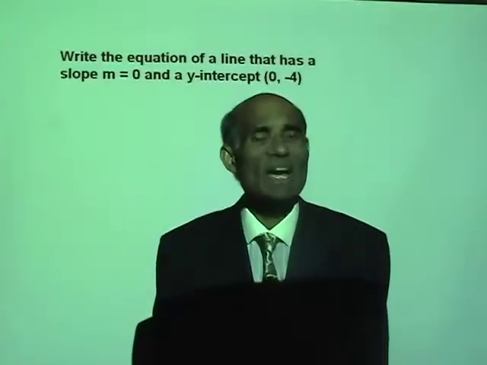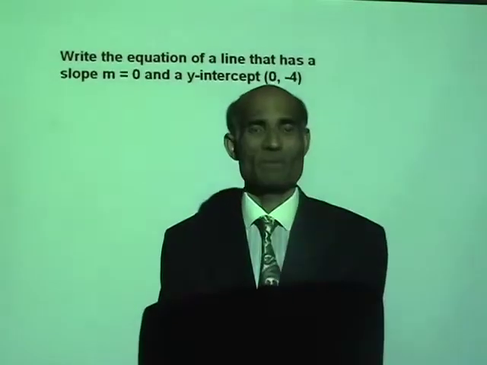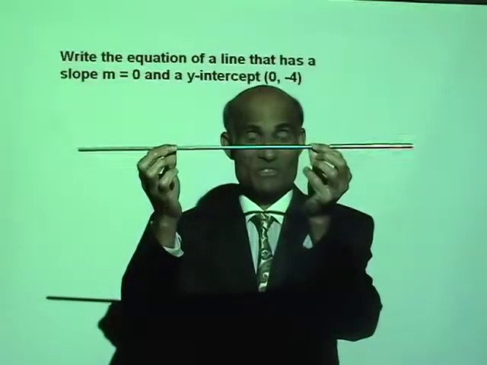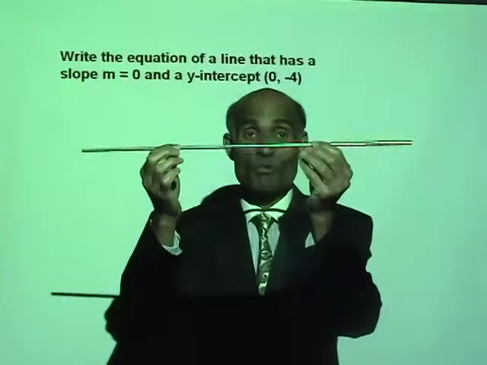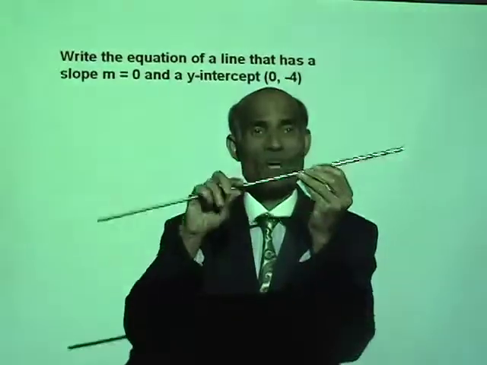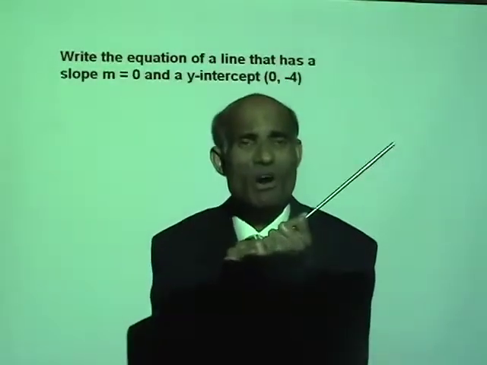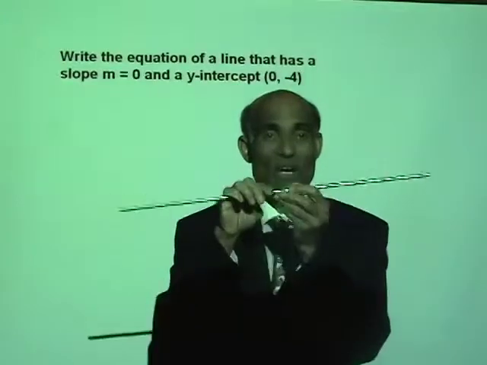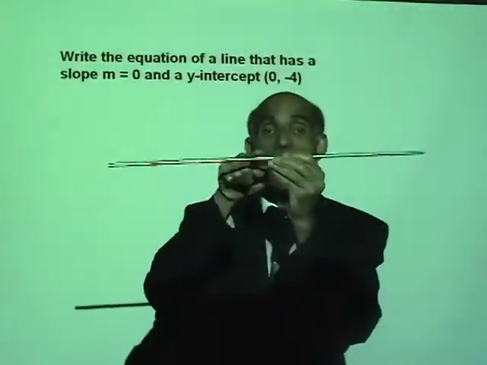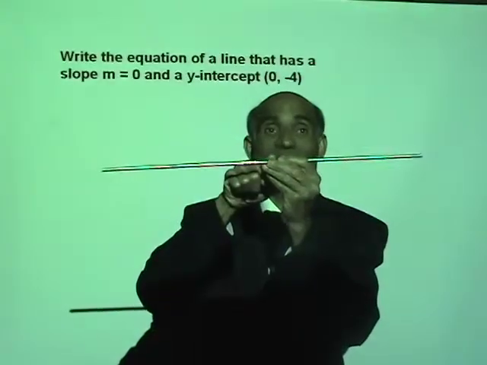What kind of a line has the slope 0? You recognize this? The slope is 0 for a horizontal line. Now, what is the equation of a horizontal line? Remember, for a horizontal line, the value of y remains a constant.